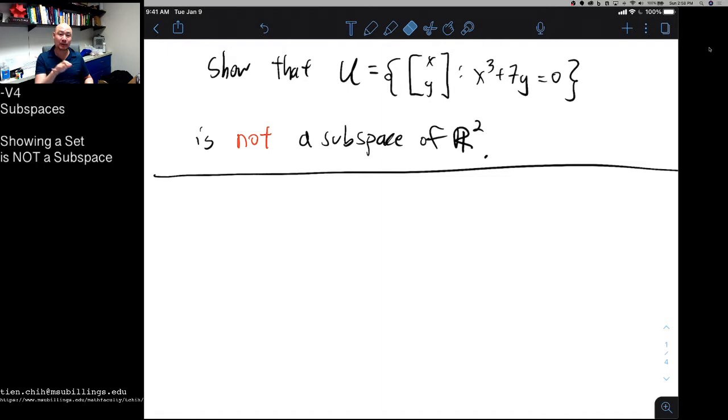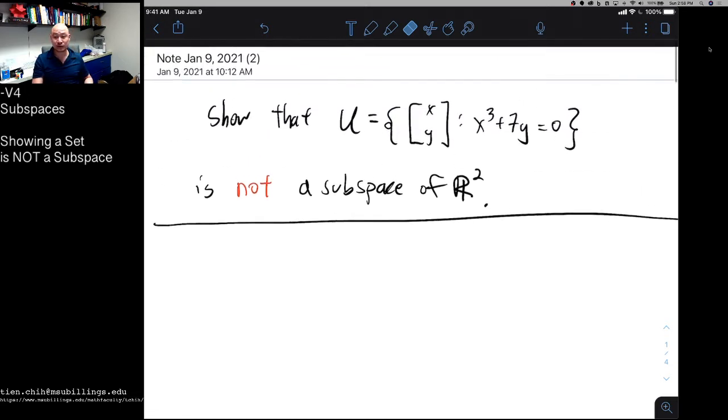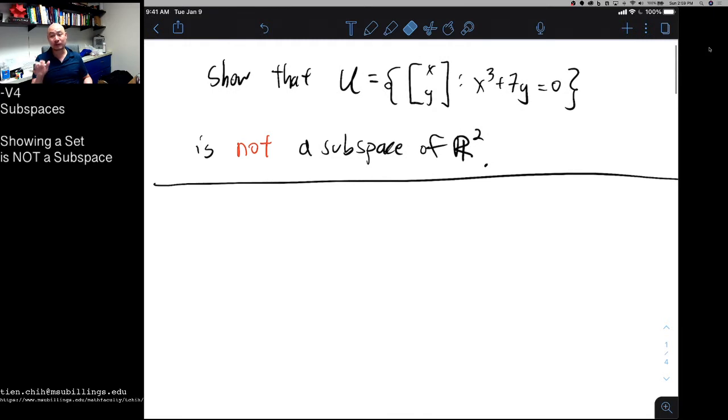In this example, U is all vectors (x, y) such that x cubed plus 7y is equal to 0. I'm going to show that both of these things fail.